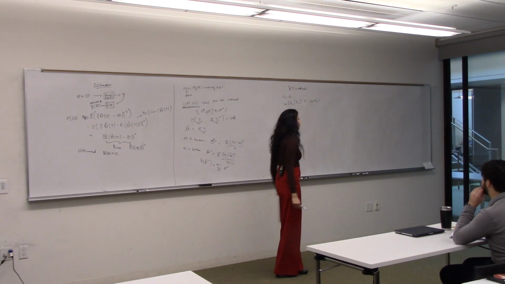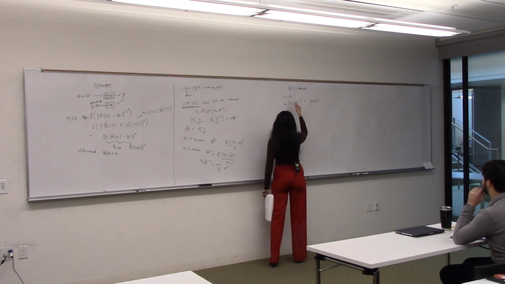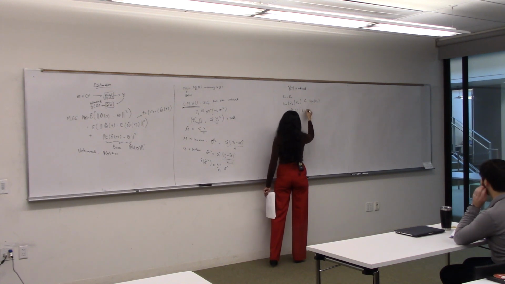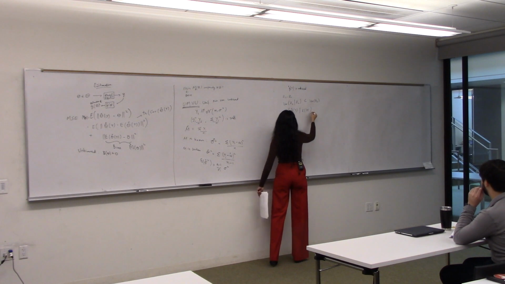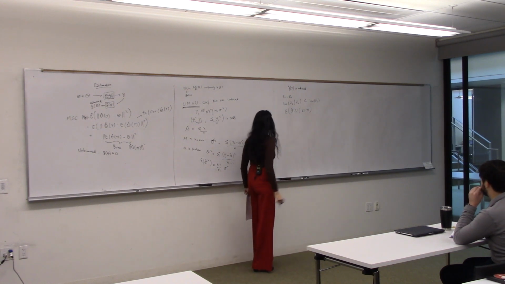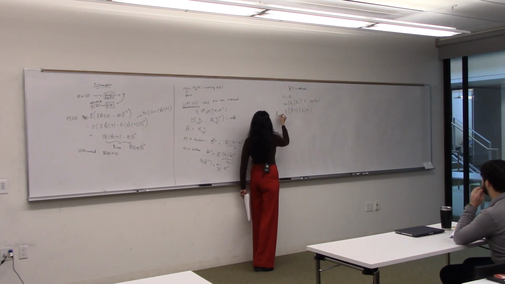I could condition on some function, I don't know what, but let's say a function of y, let me call it h of y. If I condition on it, I have to take, of course, the expectation. So this is now my new estimator. Let me call this G star.